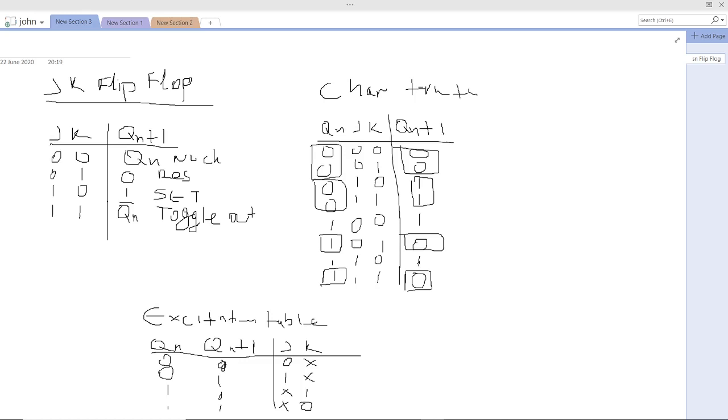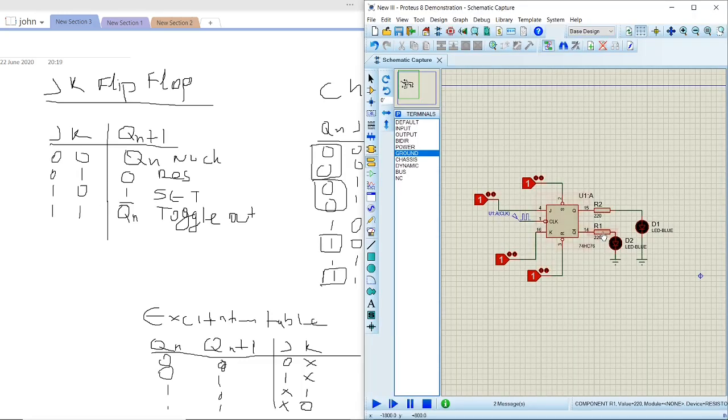But let's go back also to the simulator and see. Actually, I have the microchip 74HC76. Unfortunately, I don't have it physically with me, but I have it in the simulation. So let's run the simulation.